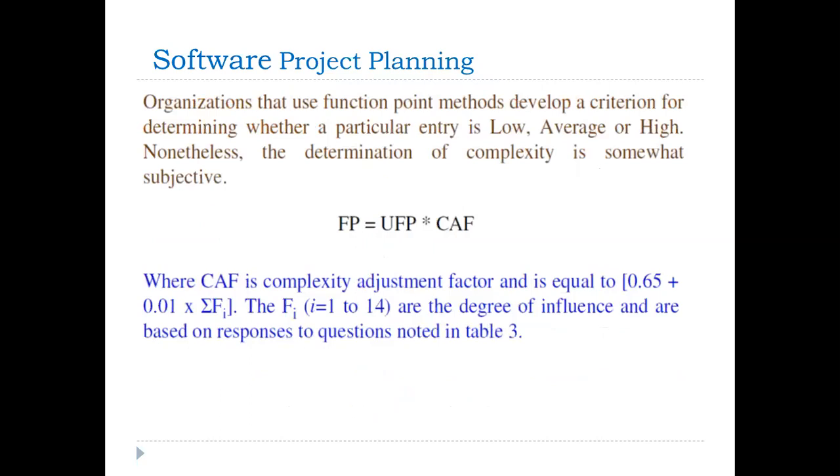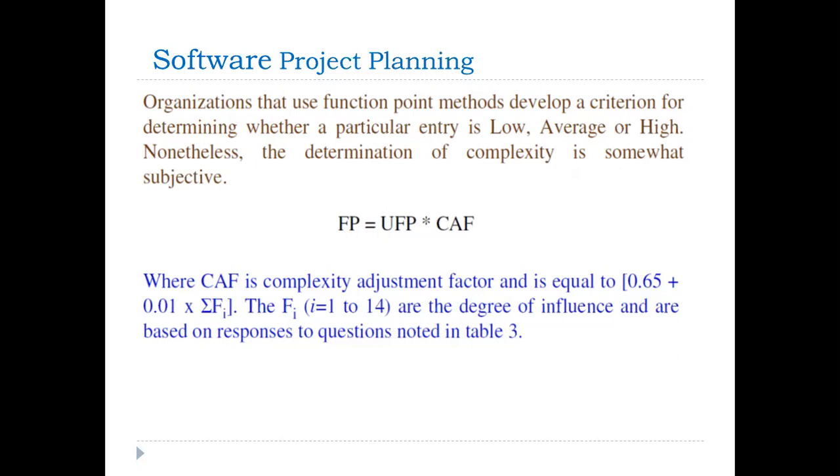Finally, how are we calculating the function point? Organizations that use the function point method develop criteria for determining whether a particular entry is low, average, or high. So FP, function point, equals UFP, unadjusted function point, into CAF, complexity adjustment factor. How can we calculate the CAF?